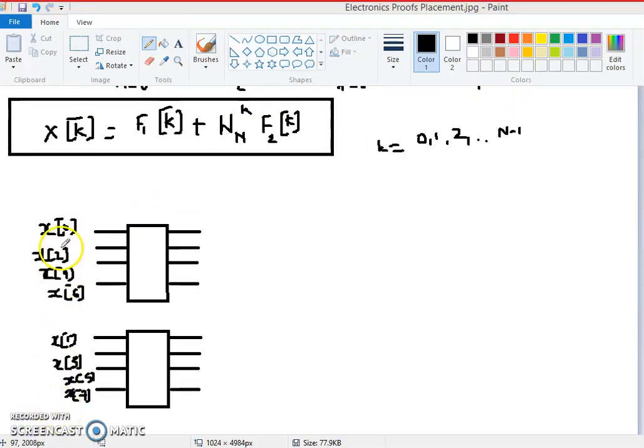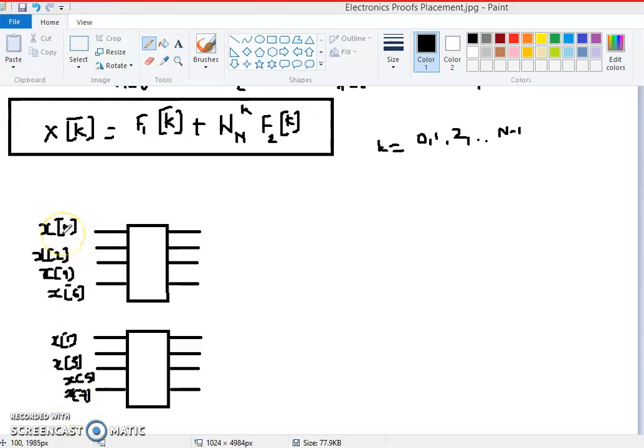Suppose an 8-point sequence is given, so we have divided it into 4-point DFTs. F1[n] will have the even index terms 0, 2, 4, 6, and F2[n] will have the odd index terms 1, 3, 5 and 7.